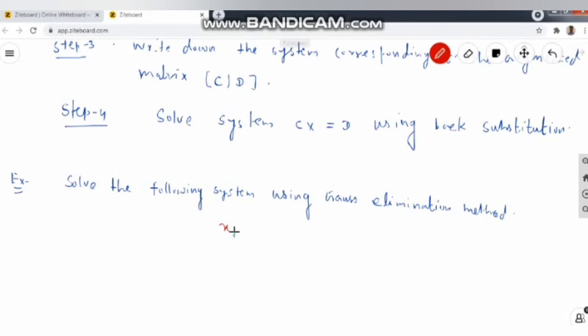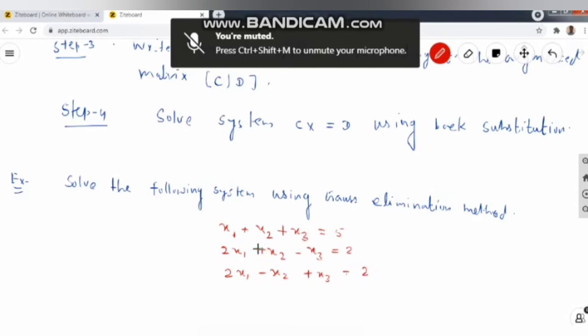x1 plus x2 plus x3 is equal to 5. 2x1 plus x2 minus x3 is equal to 2. 2x1 minus x2 plus x3 is equal to 2.